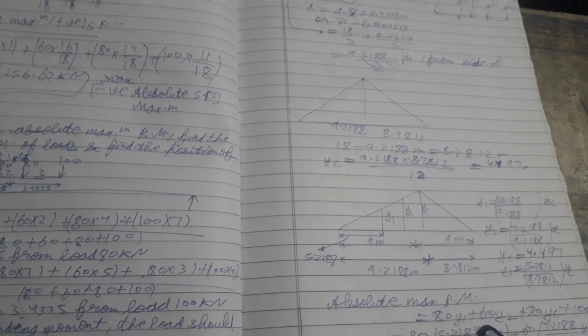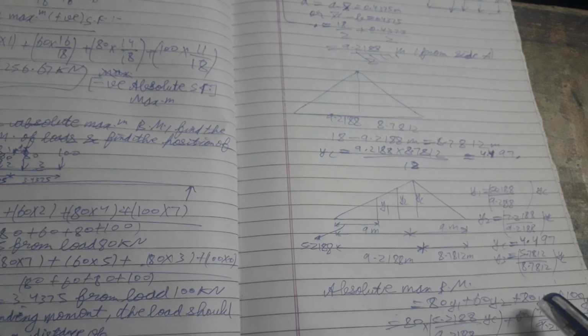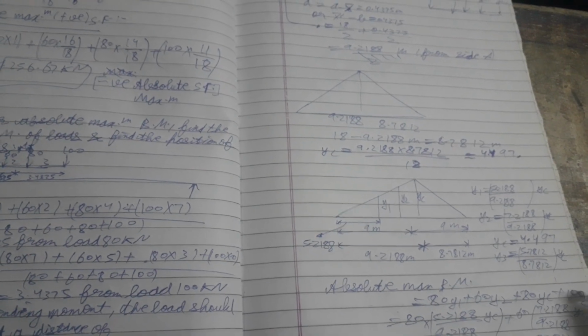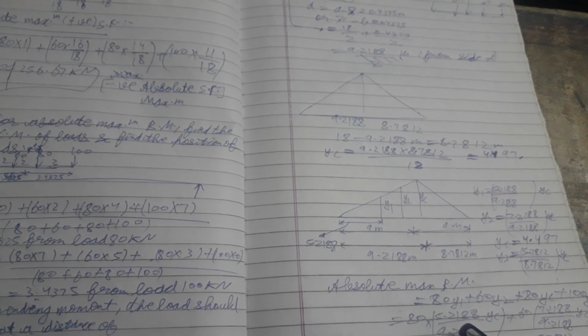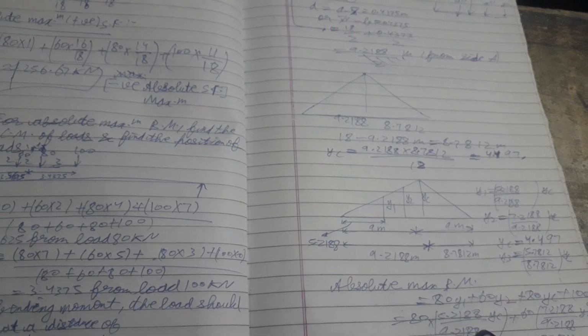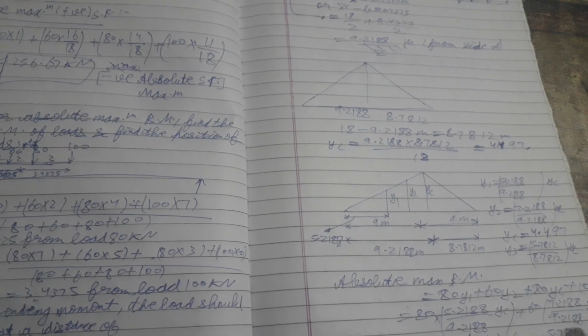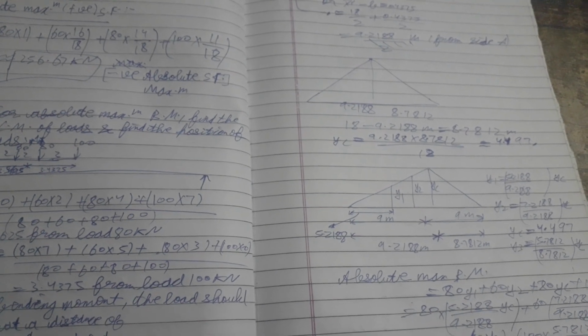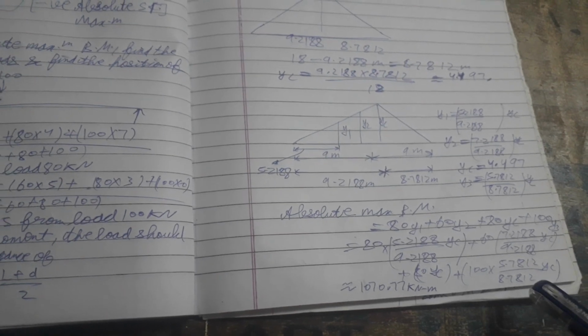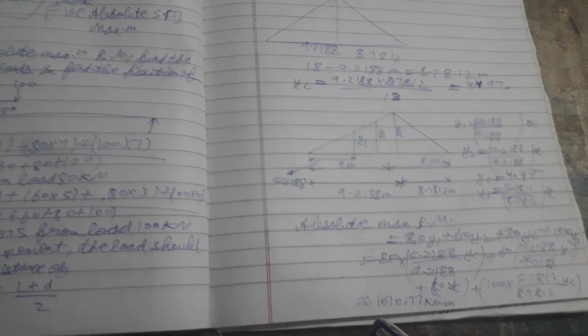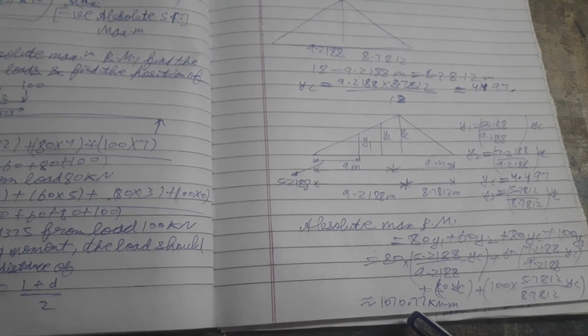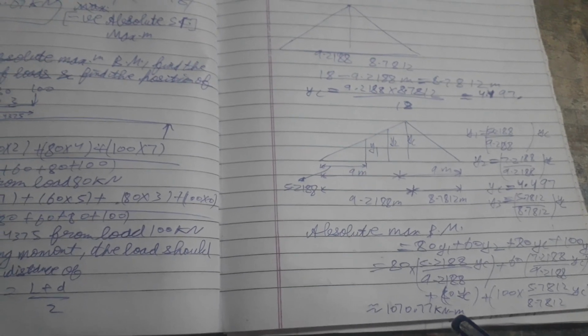Absolute maximum bending moment is equal to 80 y1 plus 60 y2 plus 80 yc plus 100 y3, which is equal to 80 into 5.2188 yc over 9.2188 plus 60 into 7.2188 yc over 9.2188 plus 80 yc plus 100 into 5.7812 yc by 8.7812, which is approximately equal to 1070.77 kN meter.